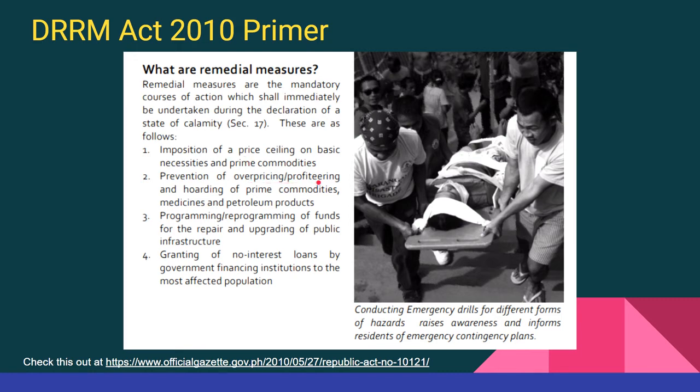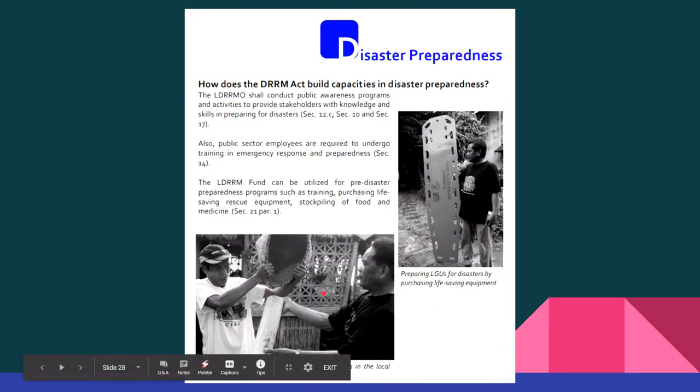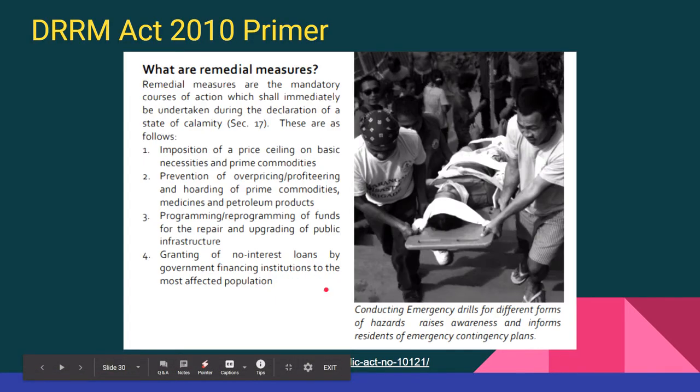Prevention of overpricing and profiteering, and of hoarding, prevention of hoarding of medicines and petroleum products. Programming or reprogramming of funds for the repair and upgrading of public infrastructure, and granting of no interest loans. That's why we mentioned seed banks here: lending money to those who are mostly affected so that they could start their life anew.